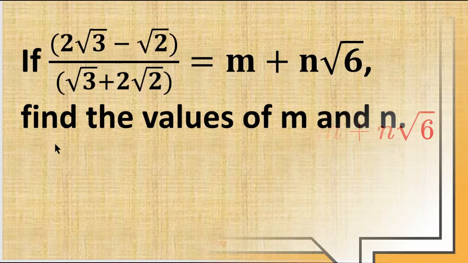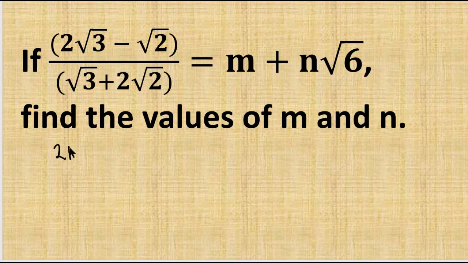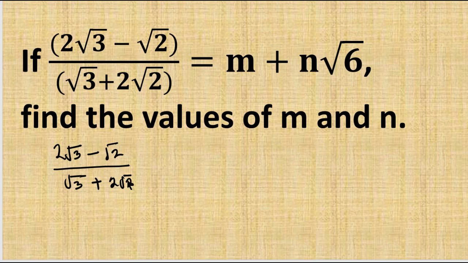Our question says, if (2 root 3 minus root 2) over (root 3 plus 2 root 2) is equal to m plus n root 6, find m and n. The first thing we want to do is apply conjugate surds.